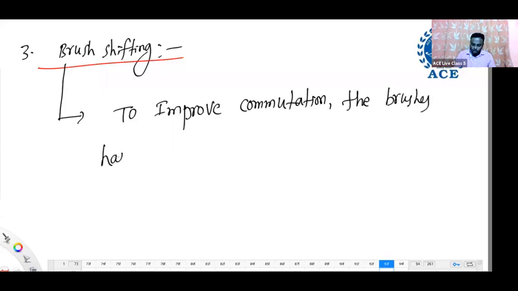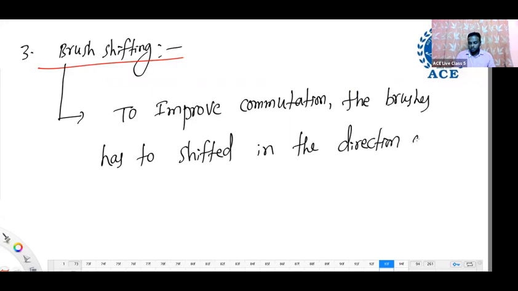The brushes have to be shifted in the direction of the generator, or opposite to the motor direction.